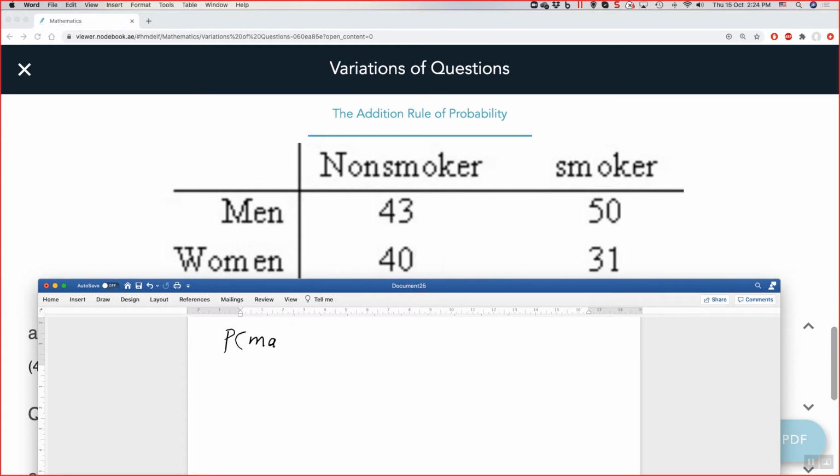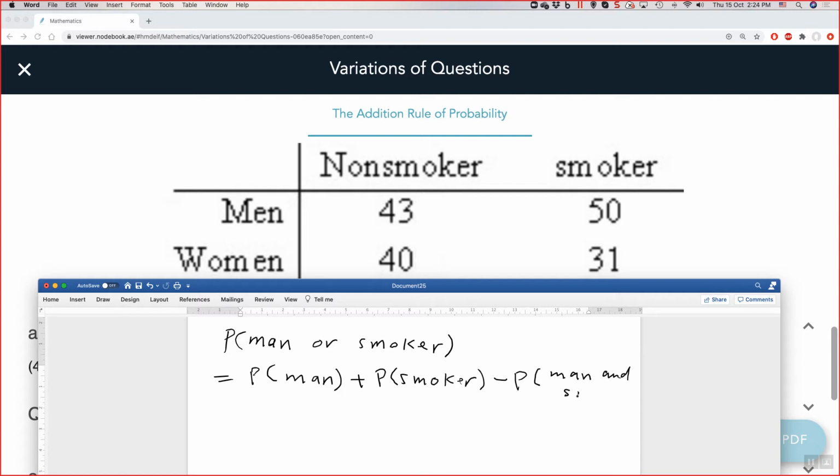Let me just write slowly. So according to the rule, it will be the probability the person selected is a man plus the probability the person selected is a smoker, and then minus the probability that he is a man and smoker.